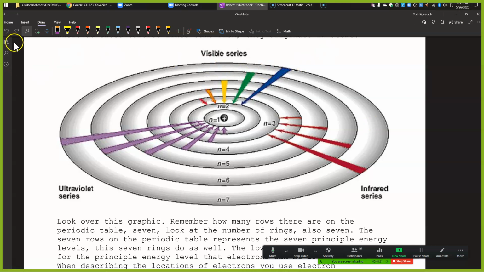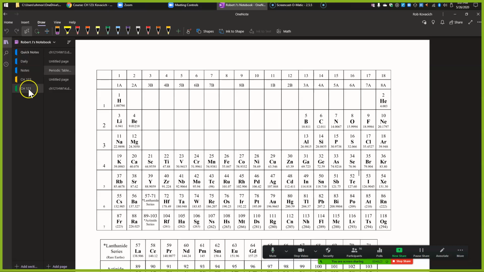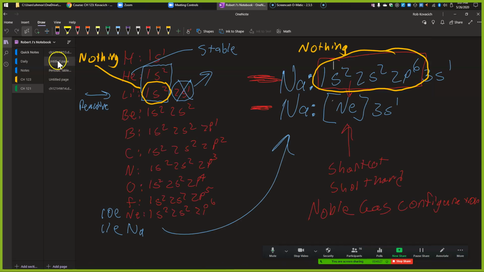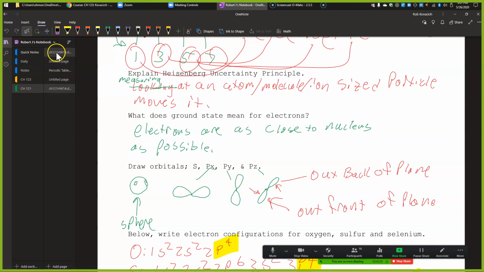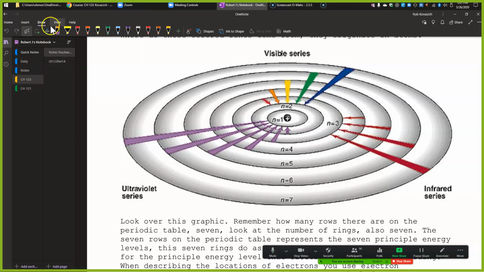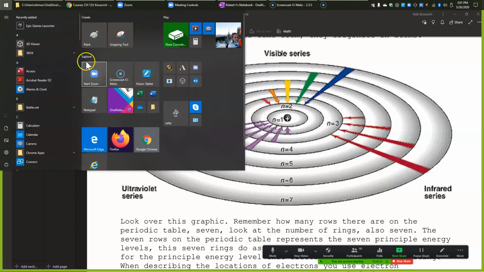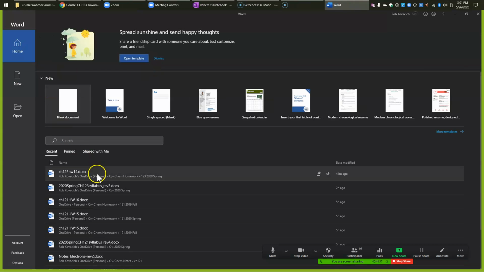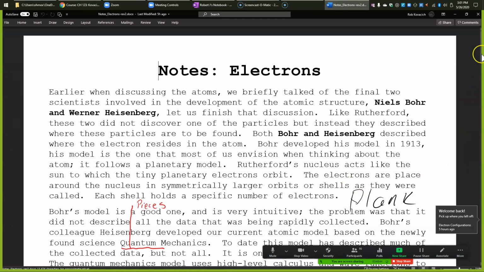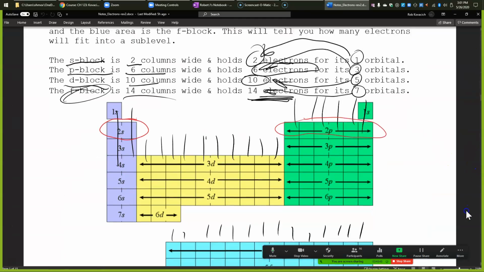So let me jump back and bring something up from the other class that we talked about before. I have to bring it up in Word because Notes won't work. Are you guys seeing this Word document?